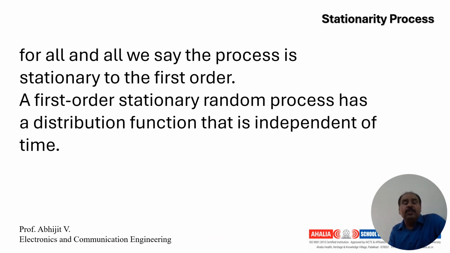So this condition applies for all, and for all this we say that it is the stationary process of the first order. A first order stationary random process has a distribution function that is independent of time. You could also write it as a stochastic process.